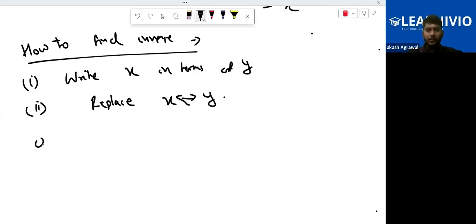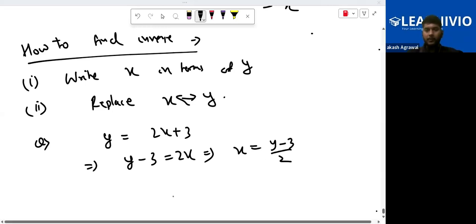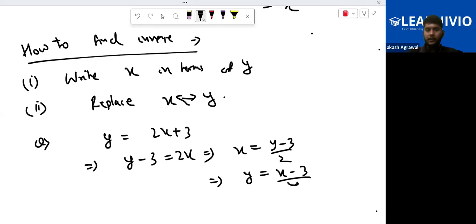For example, in the same question, we have y equals 2x plus 3. So we will do y minus 3 equals 2x. This implies x equals (y minus 3) by 2. So we wrote x in terms of y. So we'll replace y with x here and we got the answer.